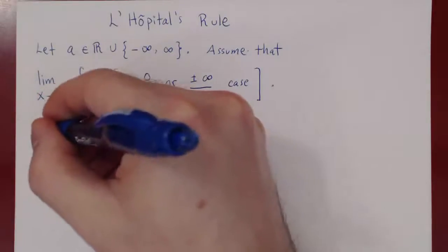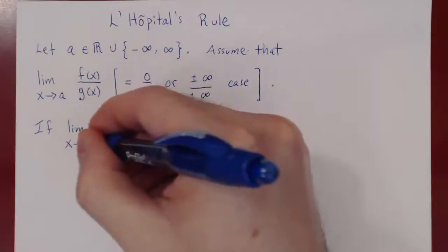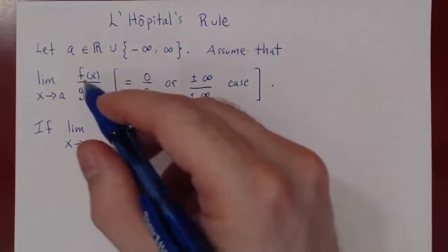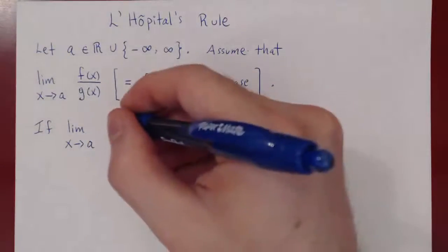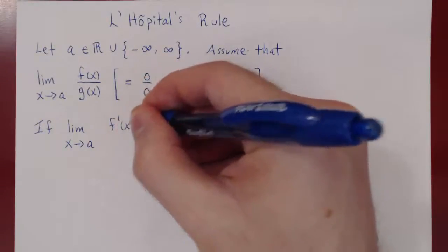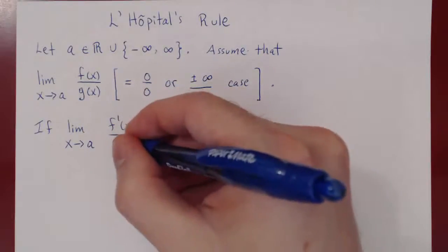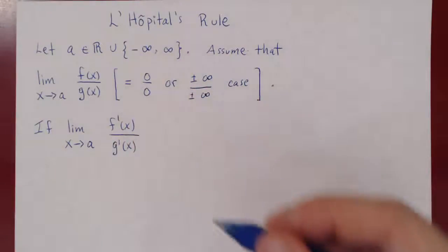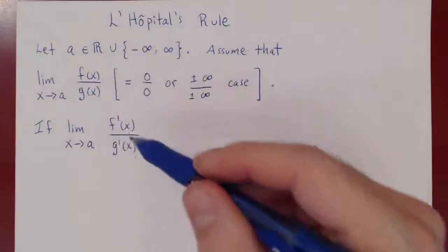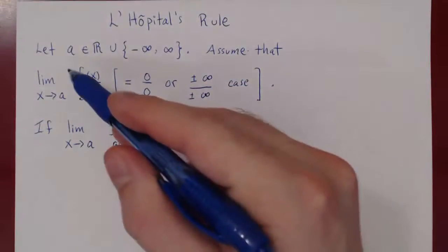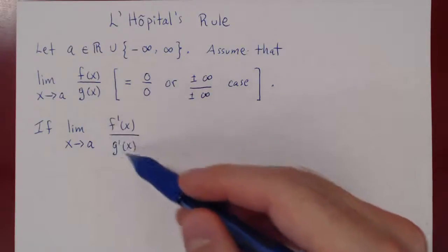If the limit as x approaches a, and now, this is the key result, we can replace the function in the numerator by its derivative f prime of x, and the function in the denominator g by its derivative g prime of x. You have to be careful, right? We don't differentiate the quotient using the quotient rule.